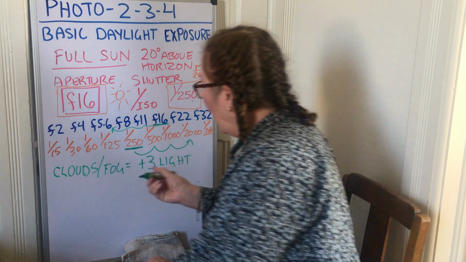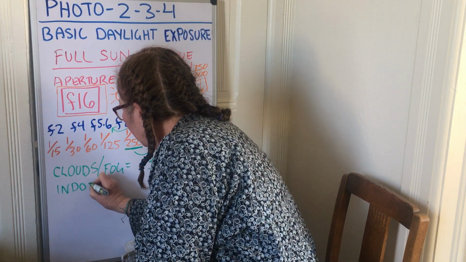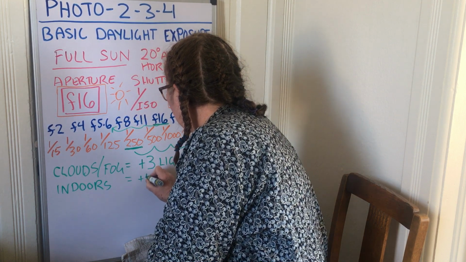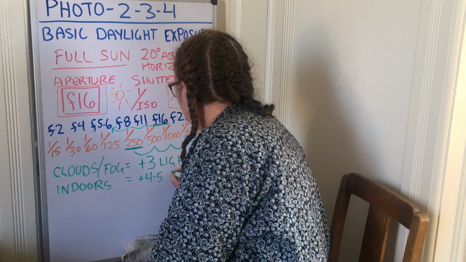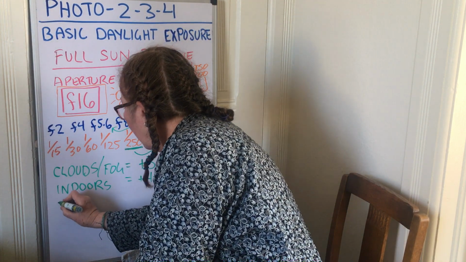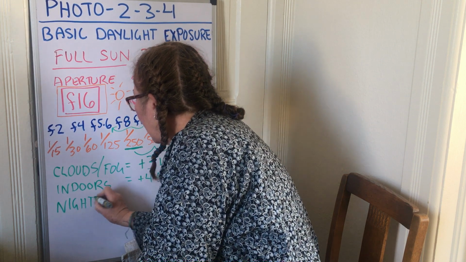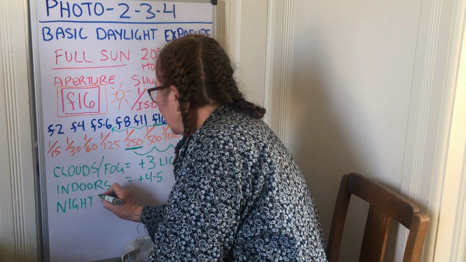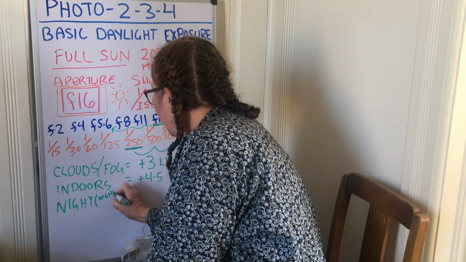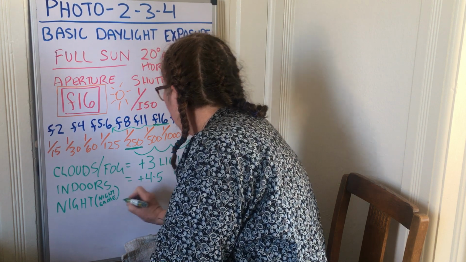Okay, if you're indoors, right, you just have to add 4 to 5 stops more light. Okay, if you are at nighttime, but a bright nighttime, let's say like a well-lit street or a night game. I'm just going to put night game here so you understand that there is bright light going on.